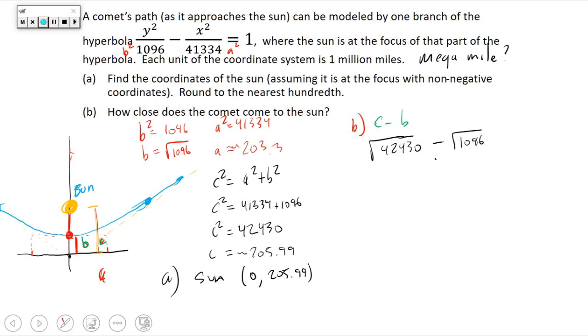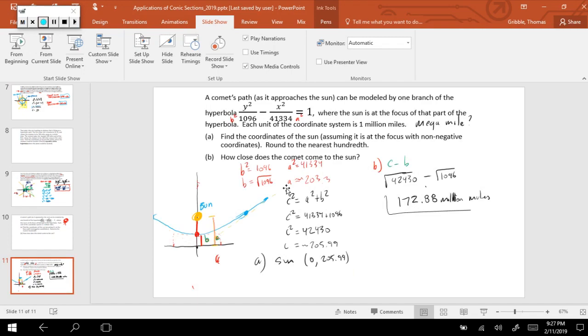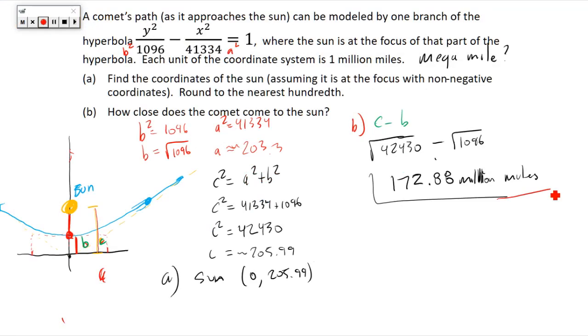The square root of 42,430 minus the square root of 1096 is 172.88 million miles. That's how close it got.